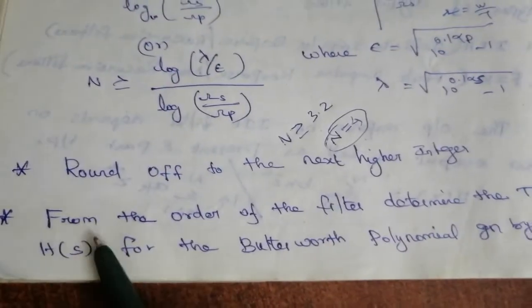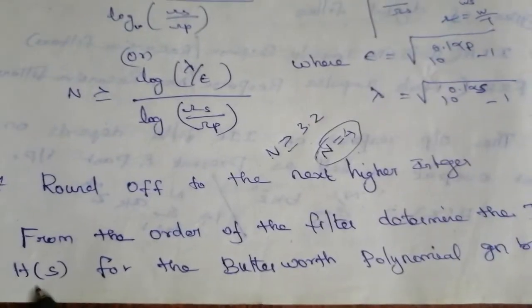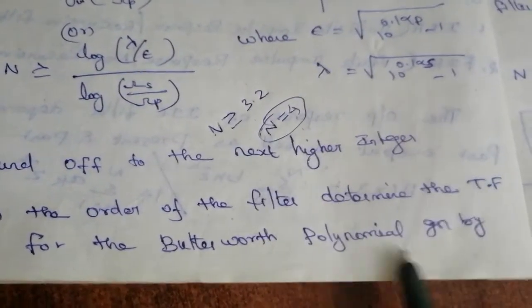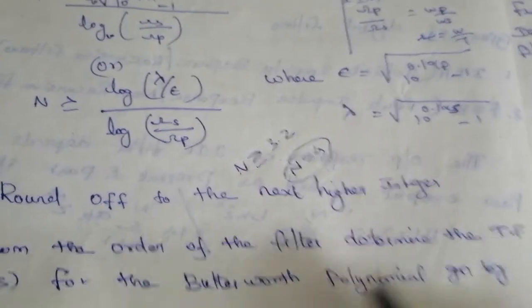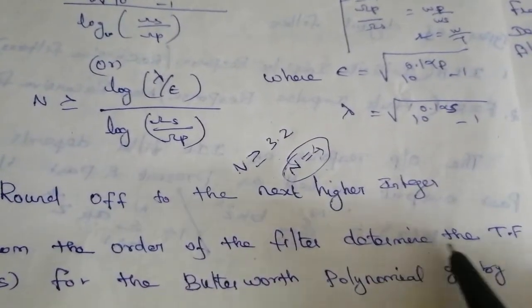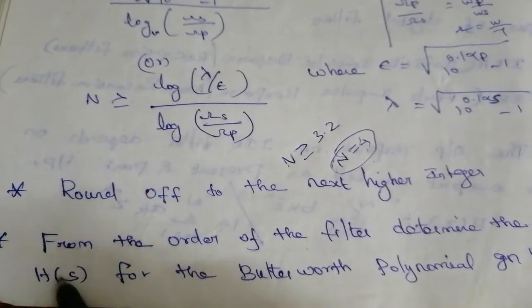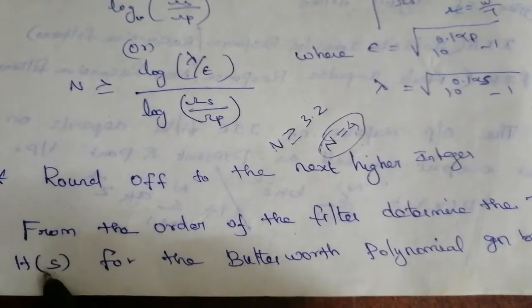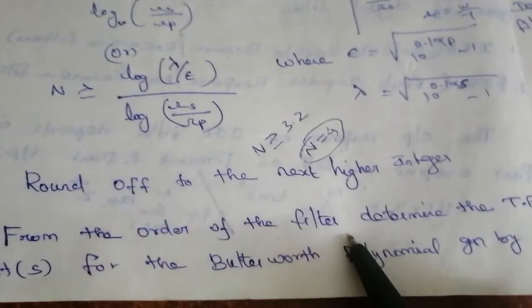Next one, from the order of the filter, determine the transfer function H of s for the Butterworth polynomial. Once we find n, then to determine the transfer function, that is H of s, because it's an analog filter, we have to use the S domain, right? So we have to find H of s from the polynomial.